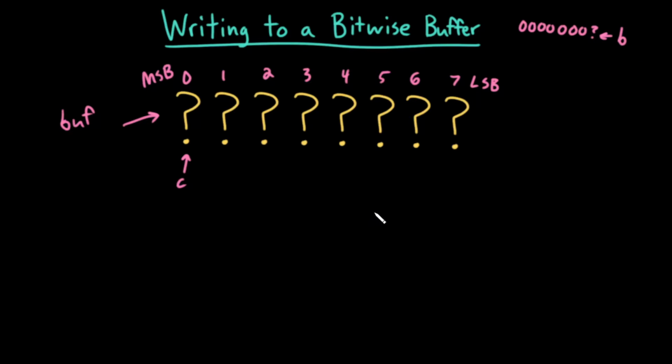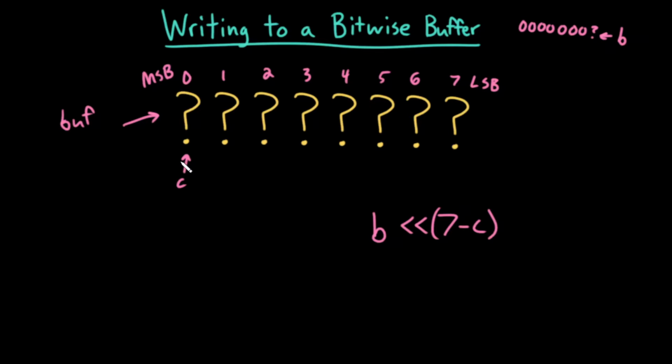I have to move B over, in this case, 7 spaces, but if C was here, I would move it over 6 spaces. If C was here, I would move it over 5 spaces, so on and so forth. So I want to take B, the bit that I'm trying to add to my buffer, and I'm going to shift it over left by 7 minus C.